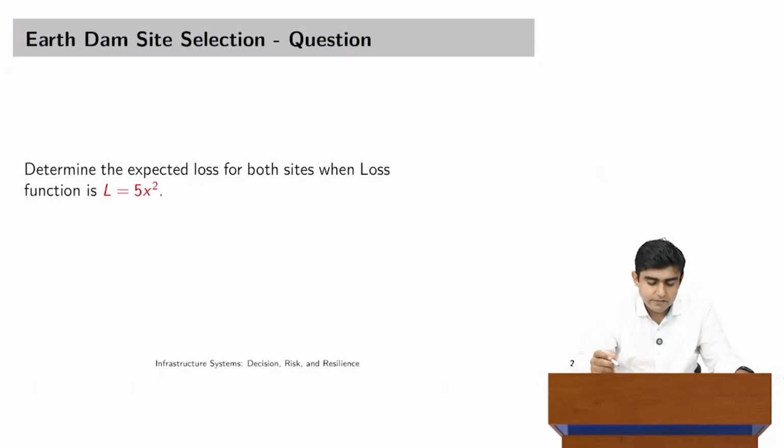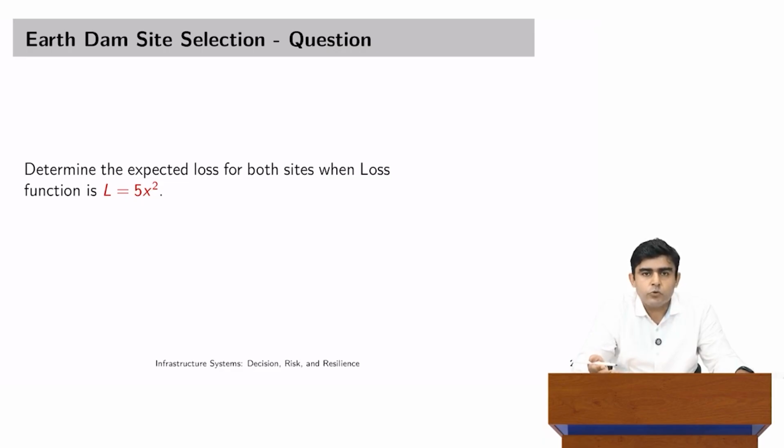In our last discussion, we looked into how sensitivity to the decision function can result in different choices. To quickly recap, last time we looked into this problem of earth dam site selection, where we were deciding between two sites, site A and site B. Both sites had different benefits, but both were susceptible to earthquakes.